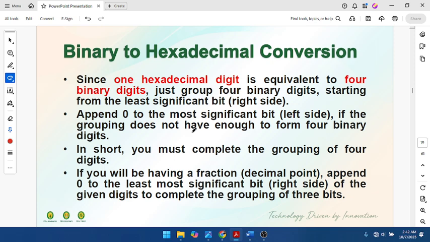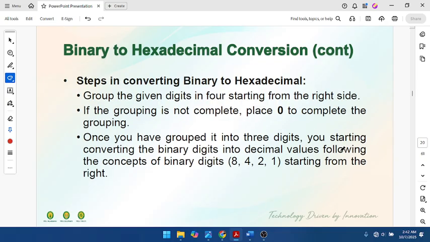So, if the grouping is not enough to form 4 binary digits, you must first complete the grouping into 4 digits. If you have a fractional or decimal point, again, you have to append zeros on the right side of the given digits to complete the groupings of 4 bits.